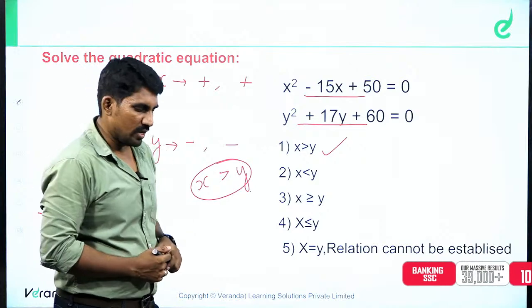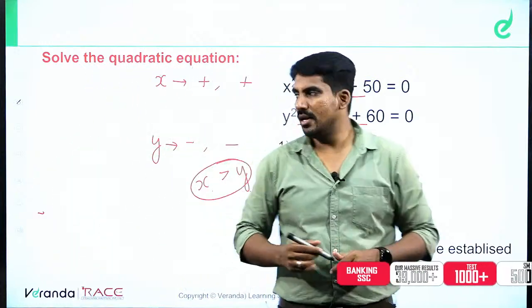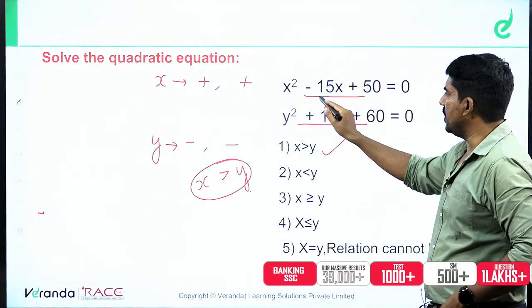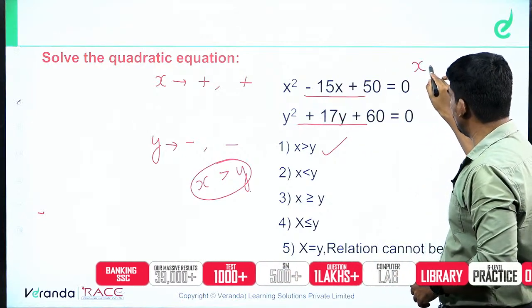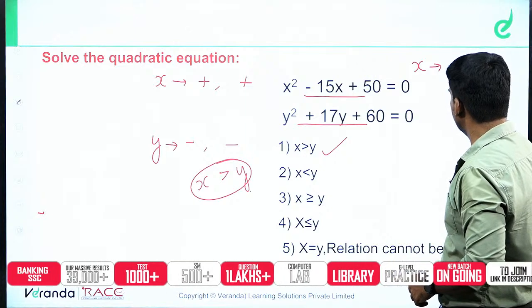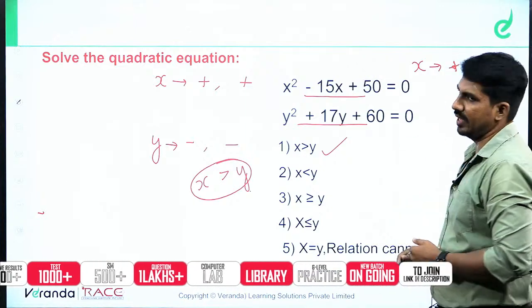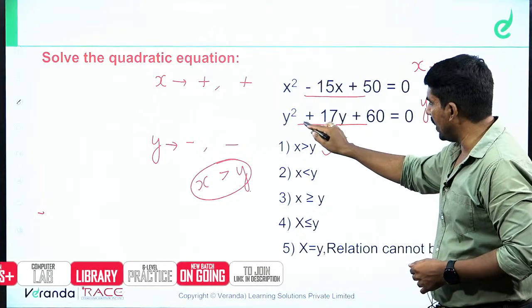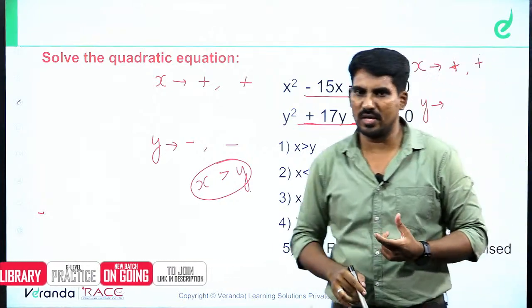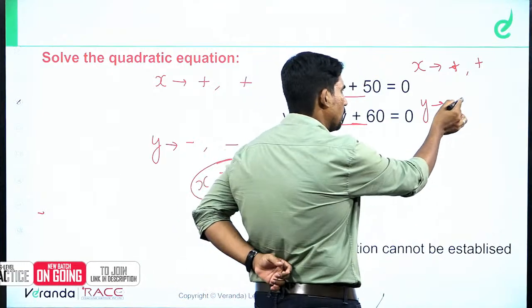One more time, listen. For x, the b value is minus and the c value is plus. Therefore, both roots are positive for x. And for y, the b value is plus and the c sign is also plus. Therefore, the y roots are completely negative.